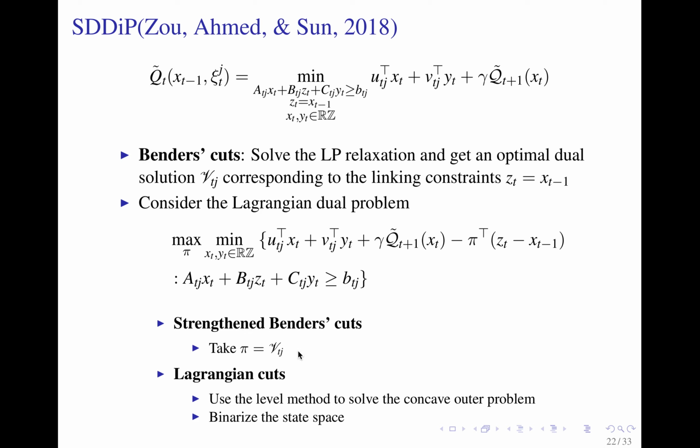All right. Lastly, we can also use the level method to iteratively search for the best pi. That'll give you the so-called Lagrangian cuts. Furthermore, if we binarize the state space, then the Lagrangian cuts are guaranteed to be tight.